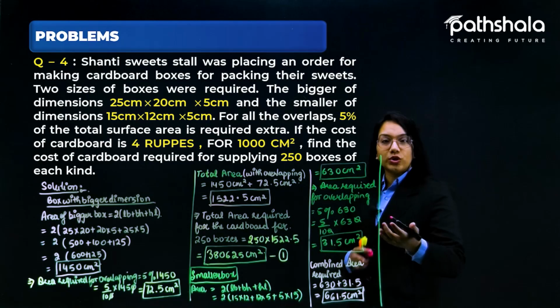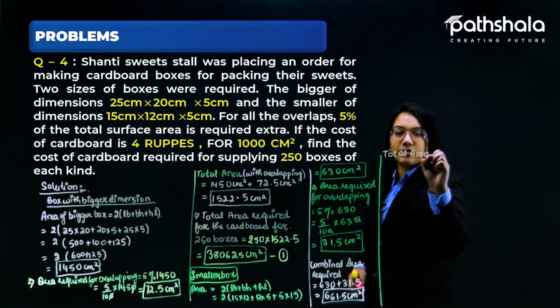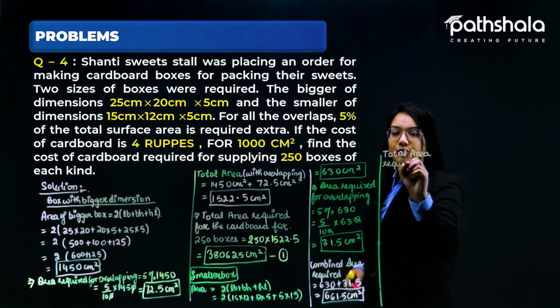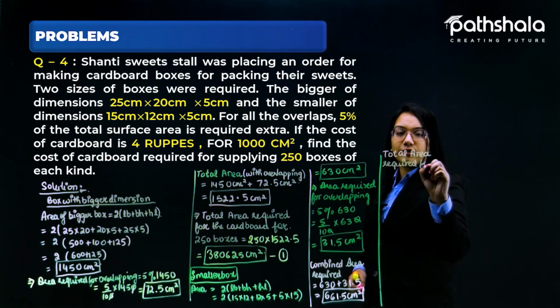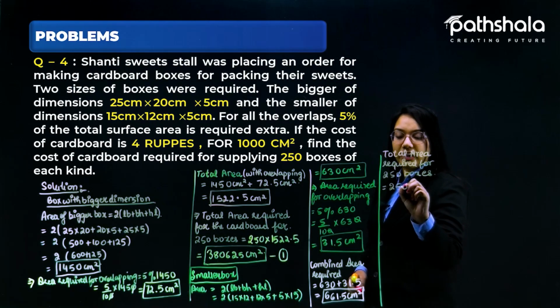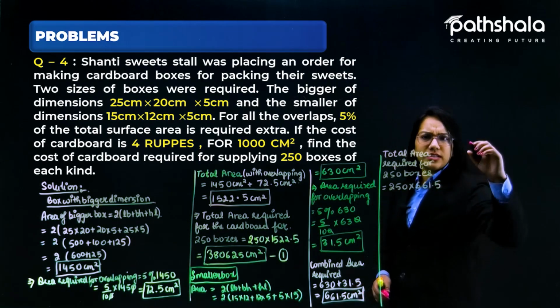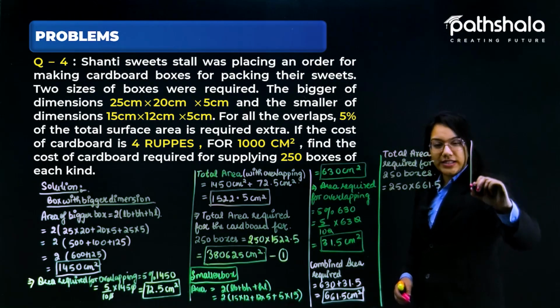Now let's see the total area which is required. The total area required for the 250 boxes should be 250 into 661.5 centimeter square, because this is the area for one such box.